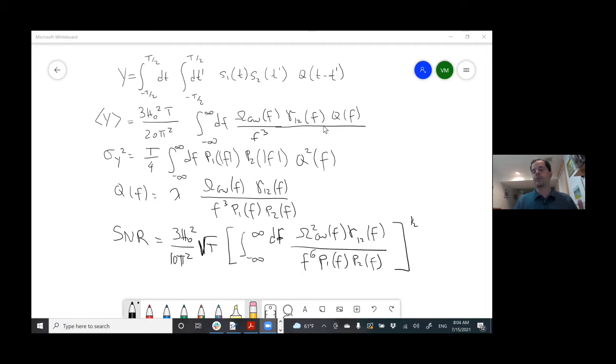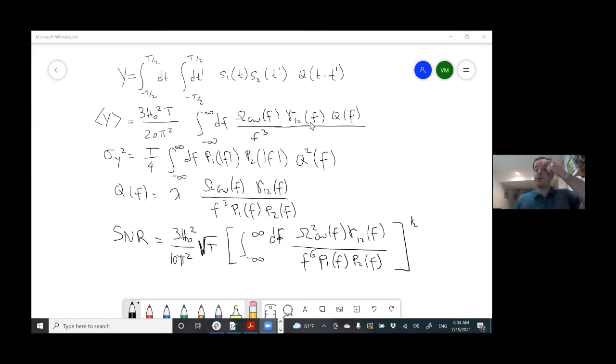That's because the two detectors are in general located in different geographic locations, so they're physically separated. It also includes the actual response of the detectors to the gravitational waves, because in general the two detectors will be oriented differently, pointing in different directions on the sky.